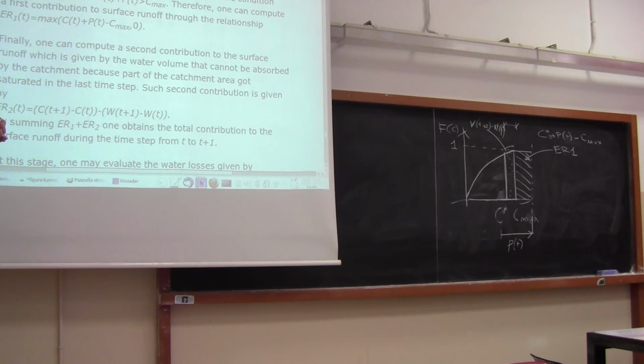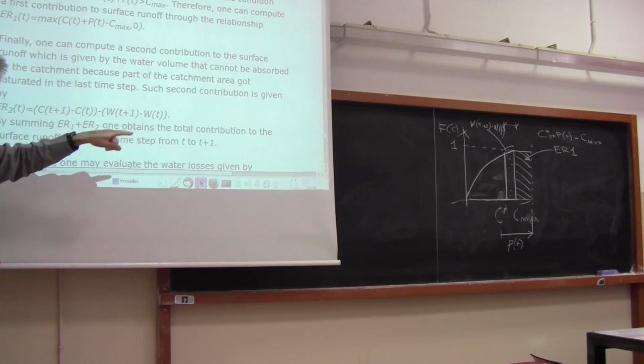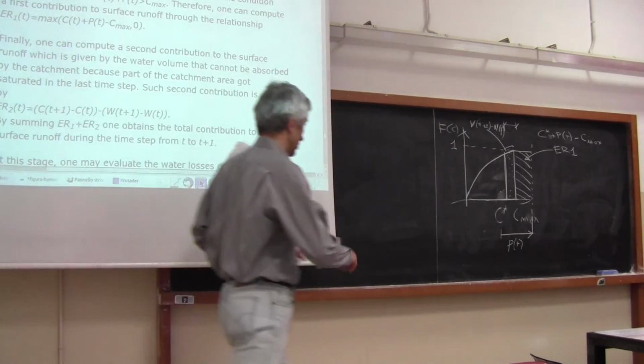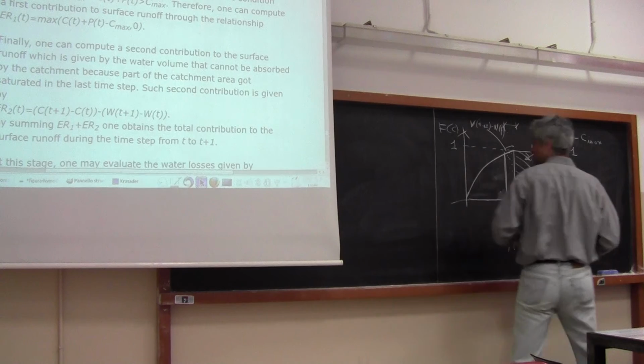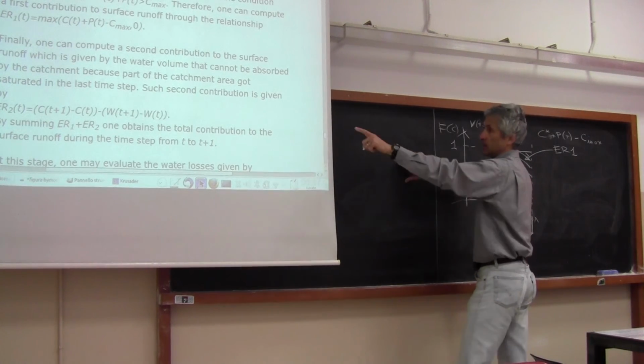Please. If you first need to reach Cmax, then why isn't it the other way around? Why isn't ER1 the second contribution? Because if you get the second contribution and you apply just this computation, in your case, let me rewrite it by applying it to our case there. So basically, I hope that you can see here.